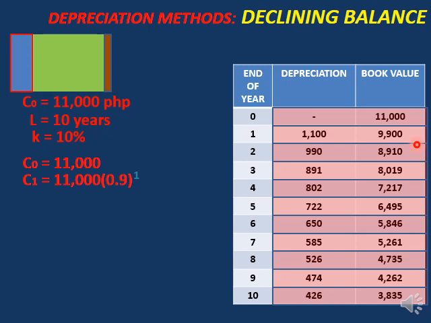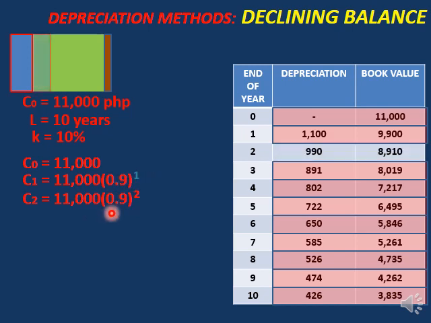Next, on the following year, this amount will depreciate again by 10%, meaning only 90% of this cost will be retained at the end of the second year. That is, the cost on the second year has two factors of 0.9.